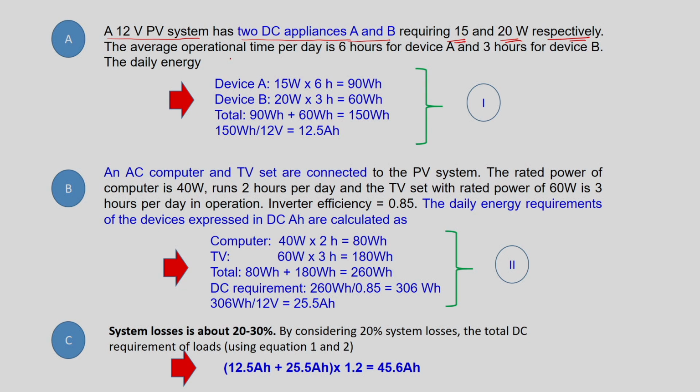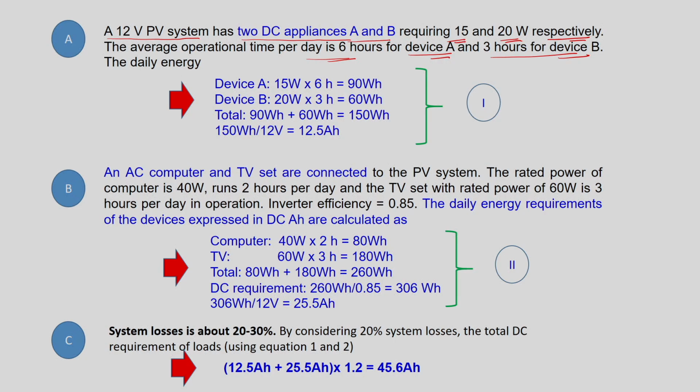The average operational time per day is 6 hours for device A and 3 hours for device B. Device A may be fans or tube lights, and device B may be a mixer grinder or something like that.